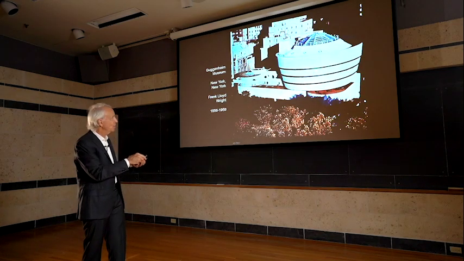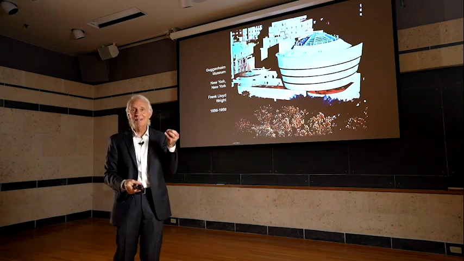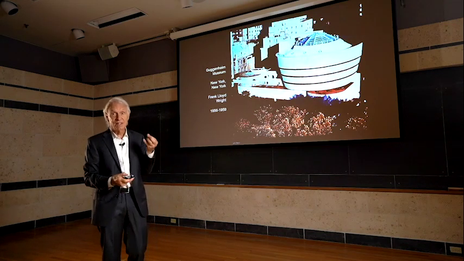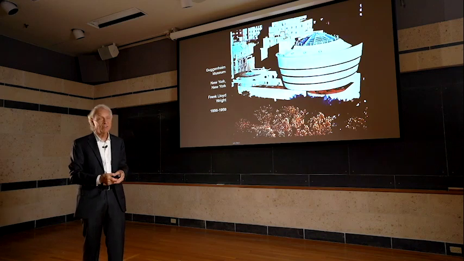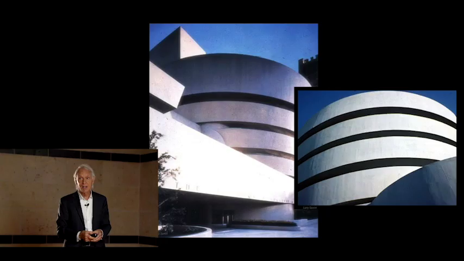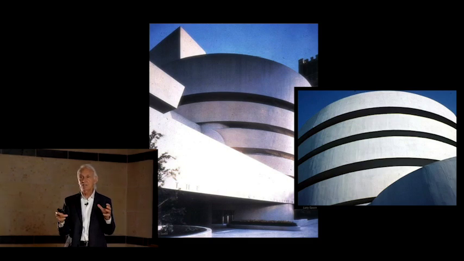But what Frank Lloyd Wright is trying to do is give particular prestige to this site, this building, this collection of works, to elevate their presence in the art world in New York. And he does that by simplifying this building down to these very clear geometries.